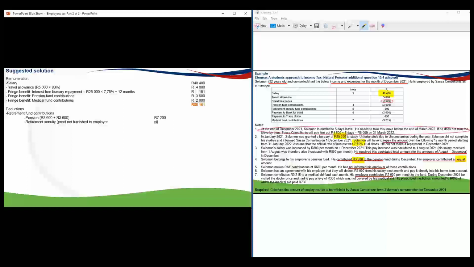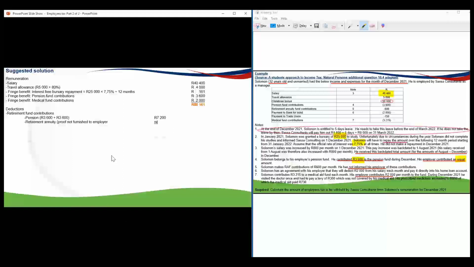Remember, there's a difference between employees' tax deductions versus your normal tax deductions, which Section 11F, capital letter F, is a special deduction. So please don't be confused by those two.